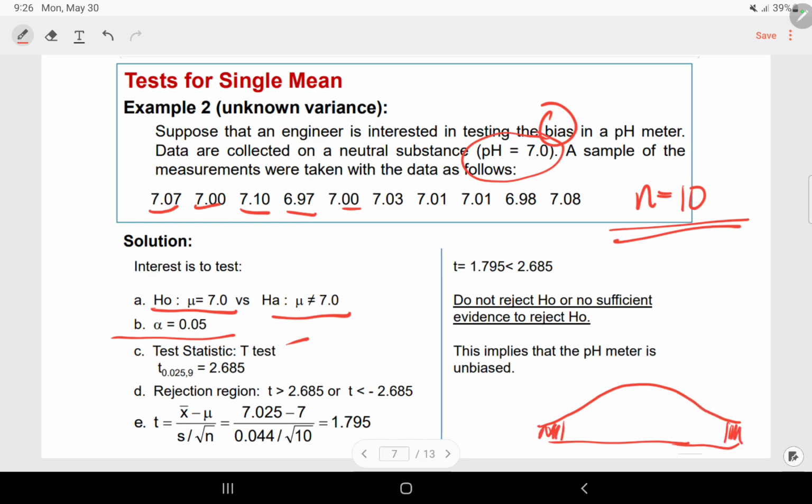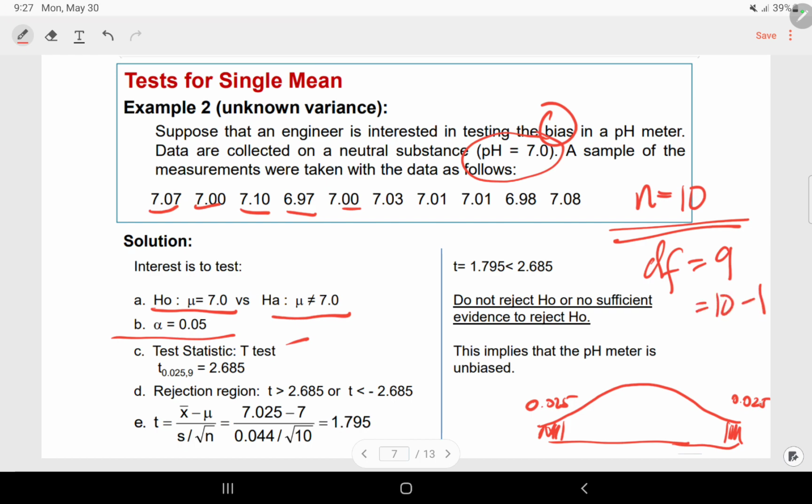Kasi not equal to. So we have the alpha of 0.05. So, di-divide natin yung sa 2 para mag-share yung dalawa nating tailed, no? 0.025. So, yun yung titignan natin sa ating t-distribution. Our n is 10, therefore, our df is equal to 9. That is obtained from 10 minus 1.